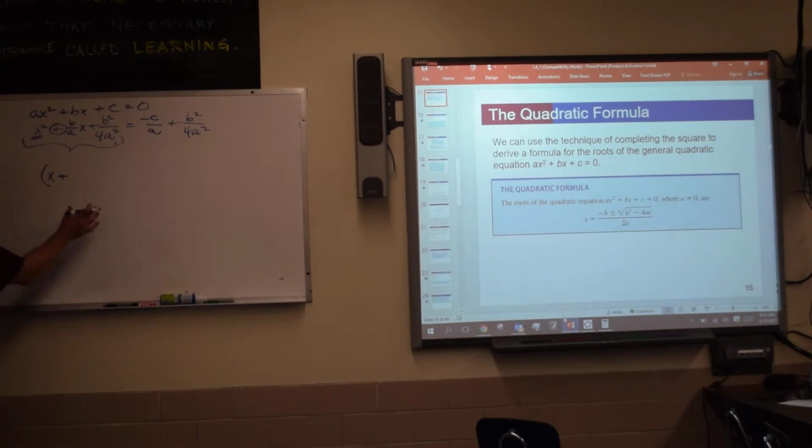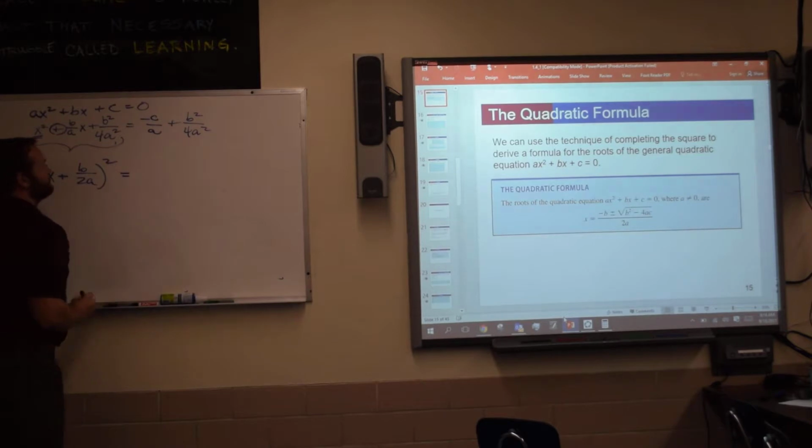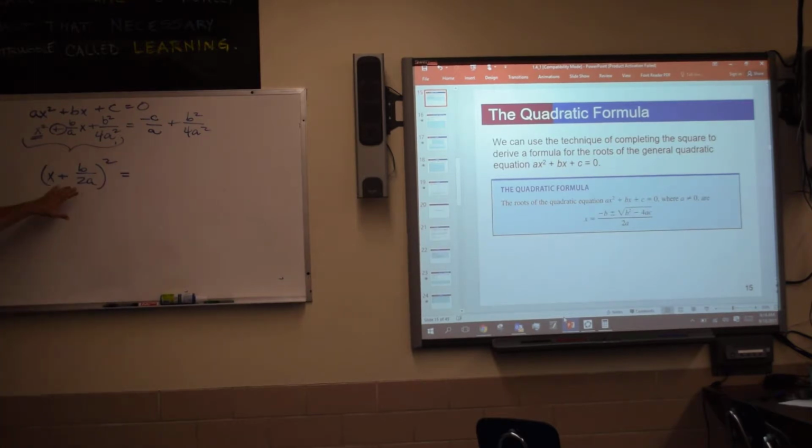Okay. And now this term is your middle term divided by 2. It was that b over 2a term. And then we'll square that. Okay. Just real quick, if you wanted to, you don't need to, but you could FOIL this out. X squared will give me x squared.